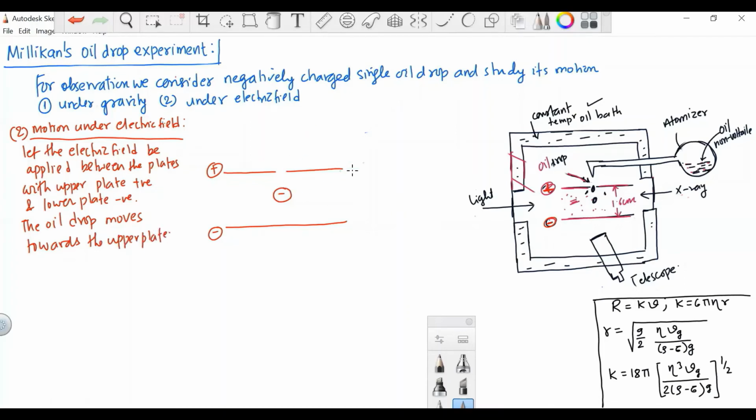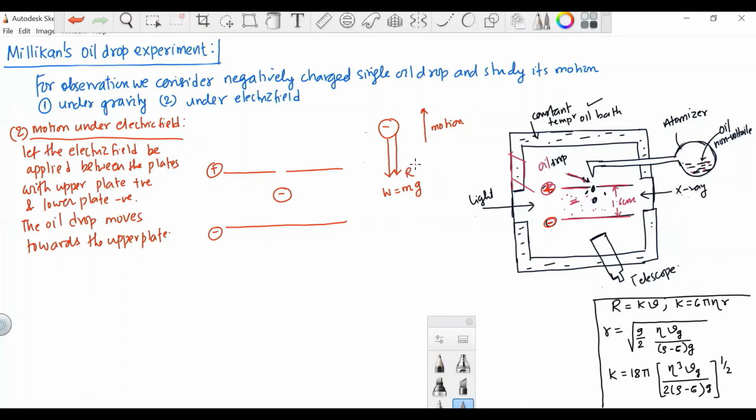So what we find, the motion of the oil drop, let me draw in this way. The motion is upward and the weight of the oil drop acts vertically downward, and if the motion is upward, the resisting force acts opposite to the motion.